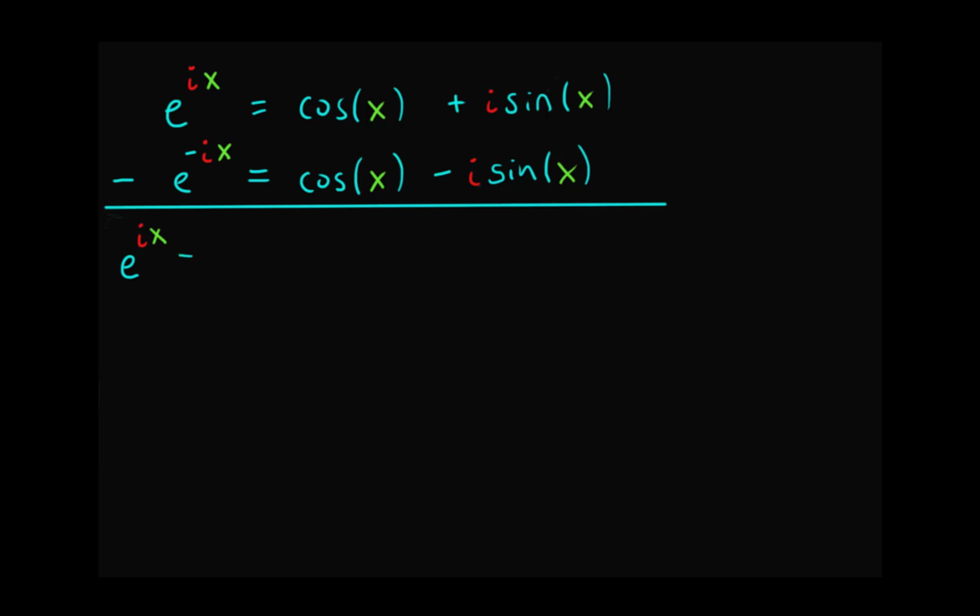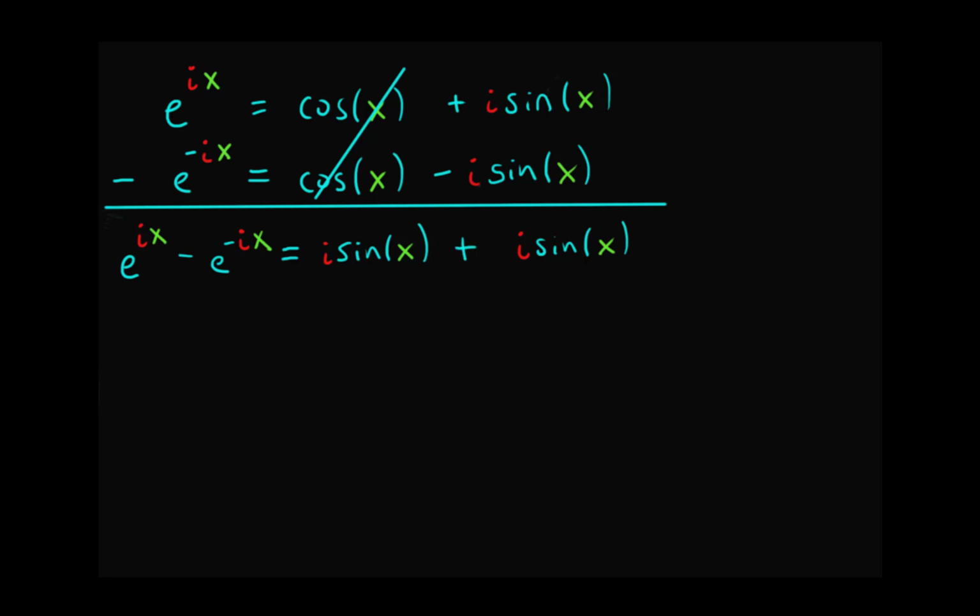We'll have e to the ix minus e to the negative ix equals, well, the cosine terms will just cancel there. And I'll have I sine x minus minus I sine x. So I have a double negative sign there, so that double negative just becomes a plus sign.